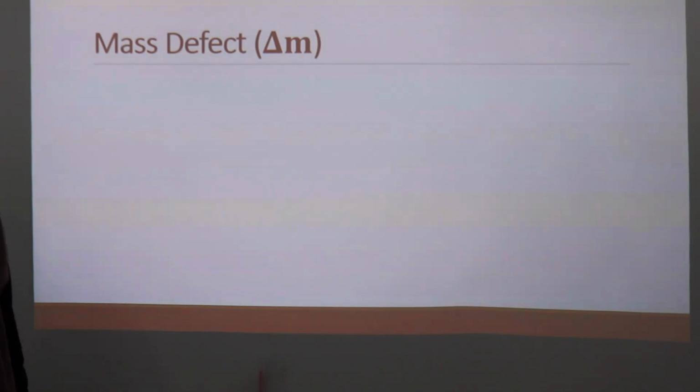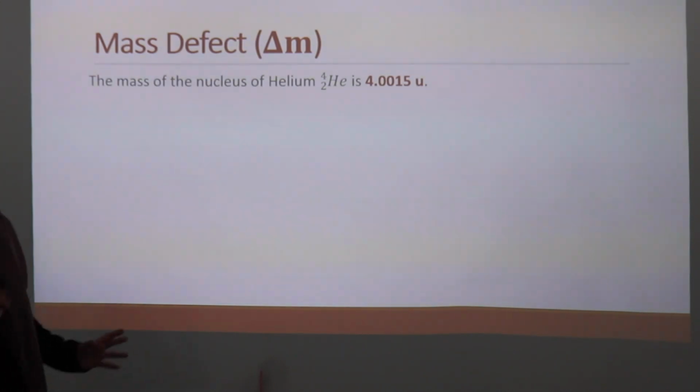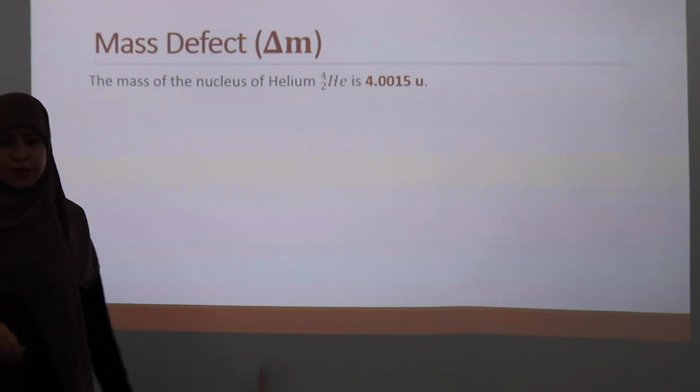Mass defect. The mass of the nucleus of helium He-4 (2,4) is 4.0015 U. This is the mass of a helium nucleus.